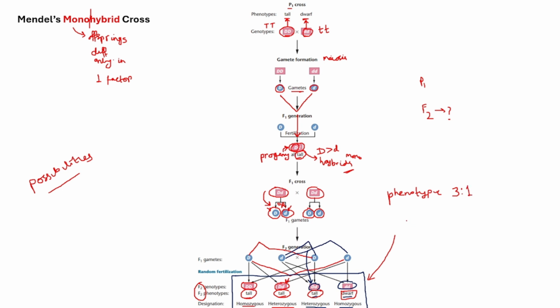But what is the genotypic ratio? The genotypic ratio will be different. Why? Because the hybrids that you generated in F2 show the same phenotype as the homozygous ones. They show the same phenotype, that is they are tall, but the genetic constitution is different, right?